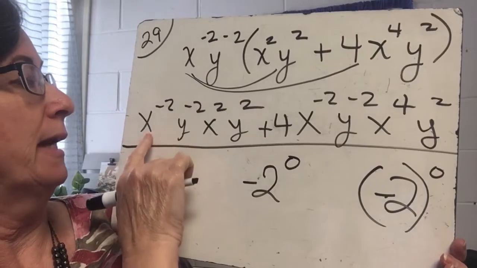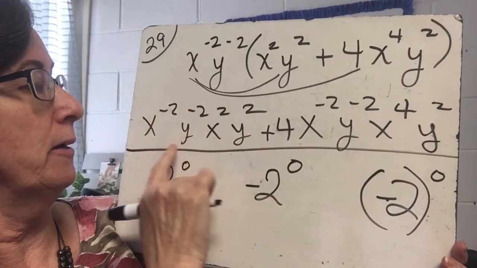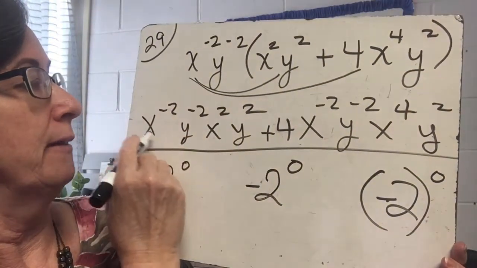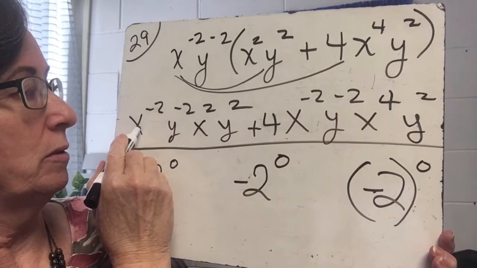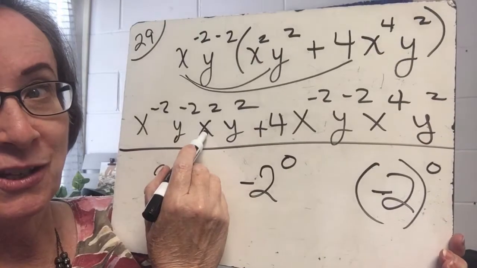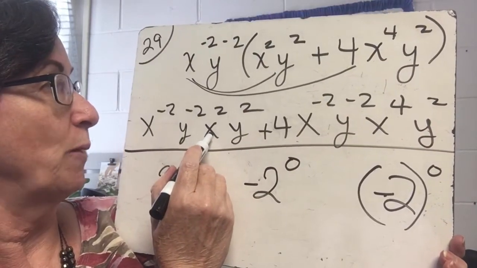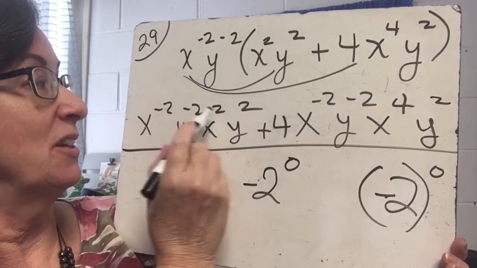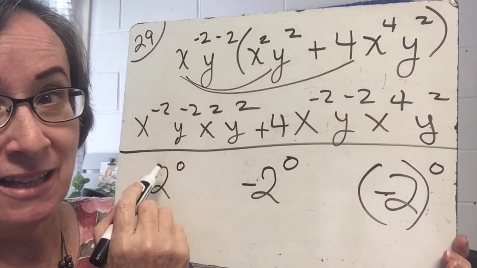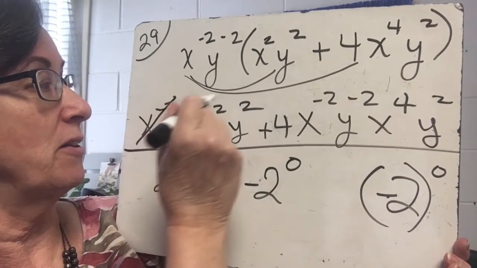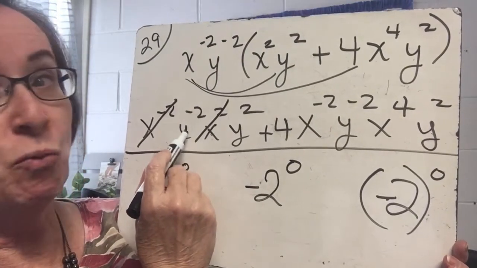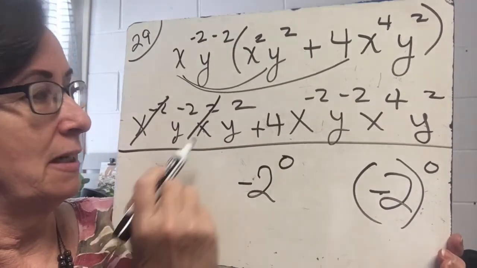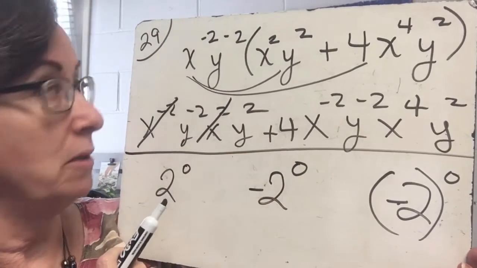Okay, now because I have, this needs more work, doesn't it? So I've got an x, so let's look at this term right here. And in this term right here, I have an x to the negative 2 times an x to the 2. So I get an x to the 2 minus 2, which is an x to the 0. So x to the 0 is 1, isn't it? All right, so then I have y to the negative 2 times y to the 2.